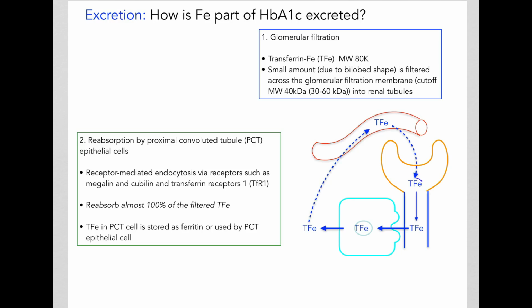So this transferrin bound to the iron will enter the tubule, but it gets reabsorbed by receptor-mediated endocytosis. So the proximal convoluted tubule epithelial cells have receptors such as megalin, cubilin, and transferrin receptor 1.